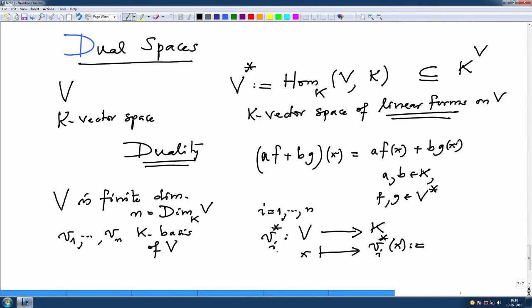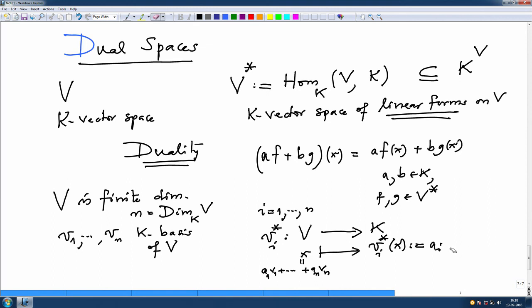So take this x and write x in terms of these vi's. It is a basis, so x will have a unique expression a1 v1 plus ... plus an vn, and the map vi star is nothing but ai. i is from 1 to n, i is fixed here.